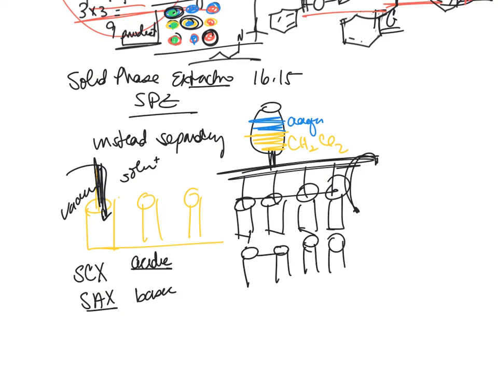So everything you do in your organic chemistry laboratory now, you do it, but you do that one thing one time, and you're getting 9 products. So those are a big deal, the solid phase extraction and the different columns.